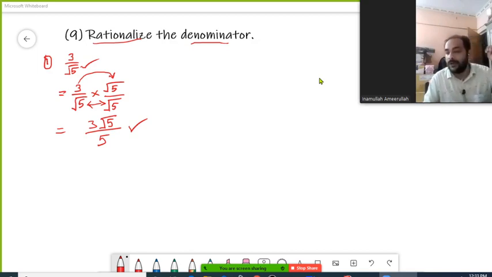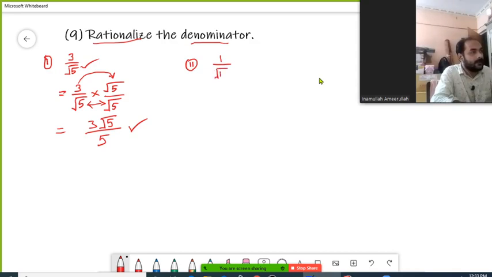Now our second question is 1 upon root 14. So we will do that. I'll do it here. The second question is 1 upon root 14. This is the given fraction. Again, this denominator root 14 is a complex number because it is a surd.